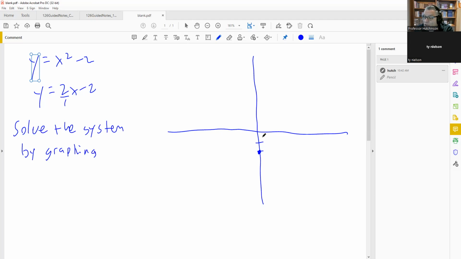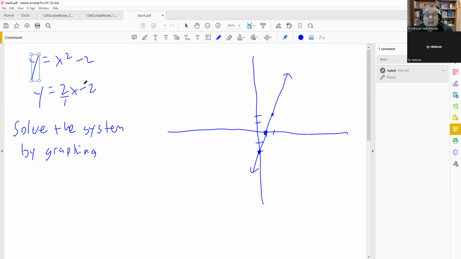Solve the system by graphing. From -2, we're going to go up 2/1. We can just keep doing that again, however many times that you want to do. That's what you would do. We'll just do three points, which is enough. So we'll just draw this first line right here.